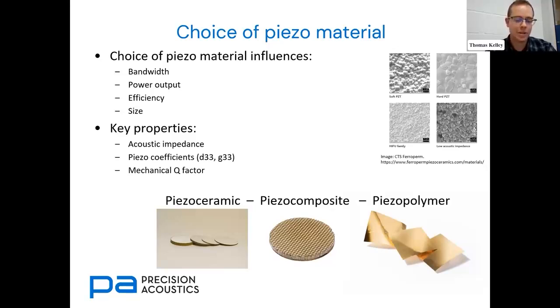I'll leave you with the takeaway fact that there are different piezo ceramic material formulations, and they each lend themselves to particular applications. Whether we choose a hard or a soft ceramic, or a piezo composite, or even a piezo polymer, it's a big decision in the design of a transducer, and we need to consider the end application for the transducer when we're thinking about which piezo material to pick.